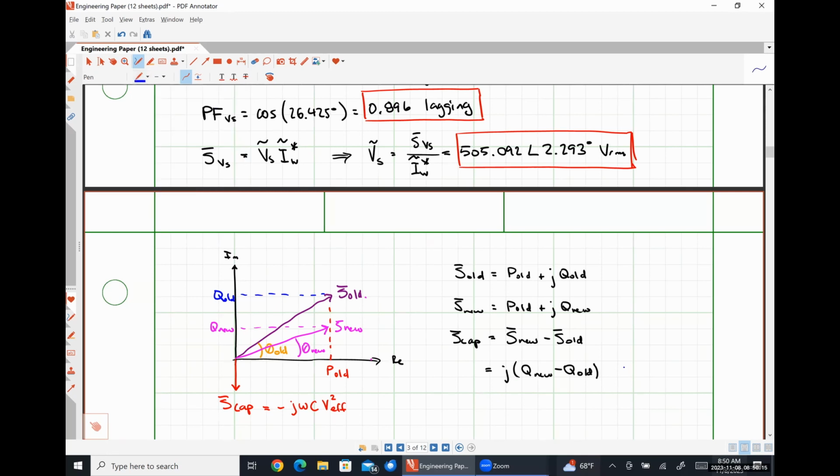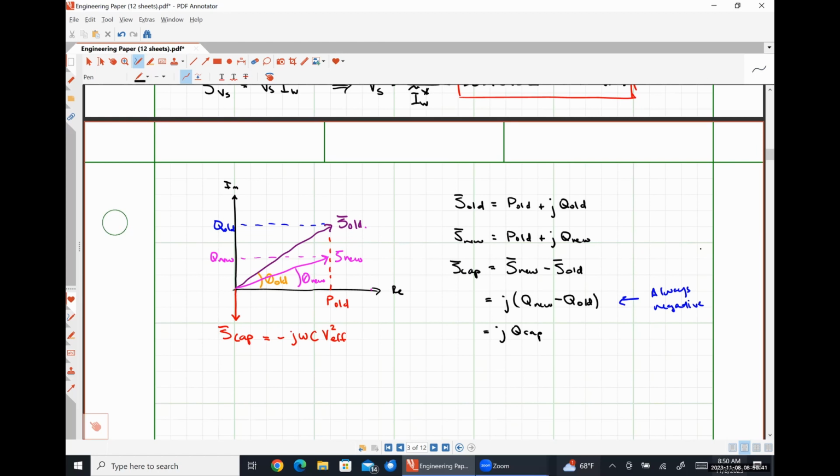This quantity will always be a negative number. And we can call this j times Q cap.